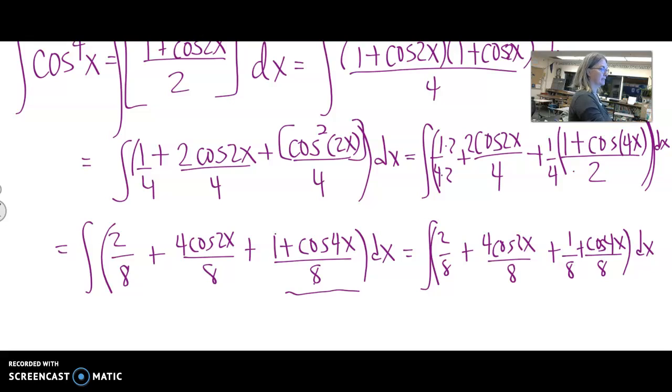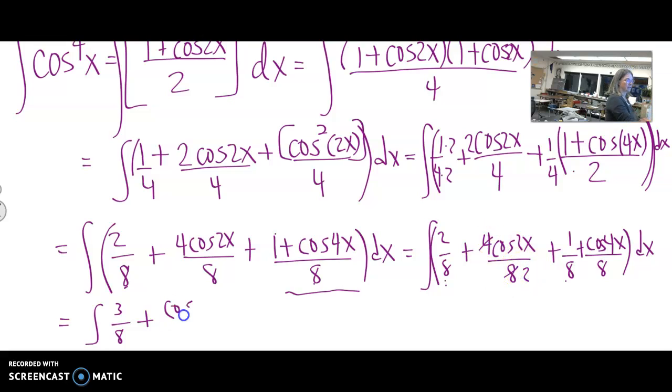Now I can combine my like terms. I have a 2/8 and a 1/8, which is 3/8. So integrating 3/8 should be relatively straightforward. And I had a common denominator to see which terms I could combine. Those are the only terms, this 2/8 and the 1/8. So I'm going to simplify that denominator again. I'm going to make this 1 over 2.